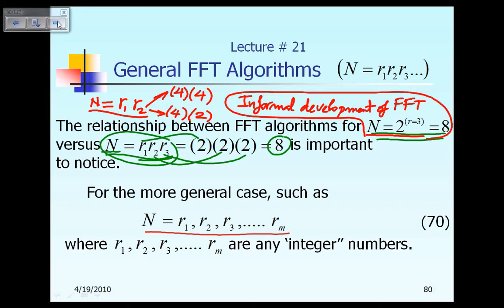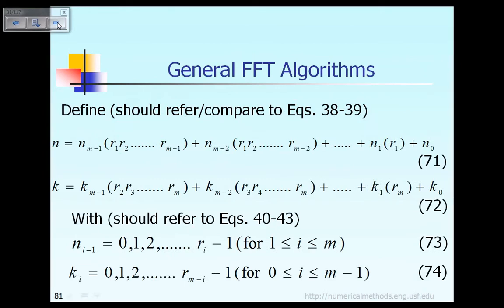Oh, by the way, there's a typing error here. This should be r1 times r2 times r3 times r4 and so on, times rm, as indicated in equation 70. Okay, now let's say the number of sample data points, capital N, can be expressed as a product of r1 times r2 times r3 times r4 all the way to rm.